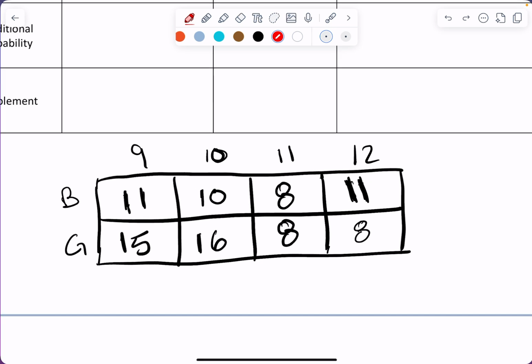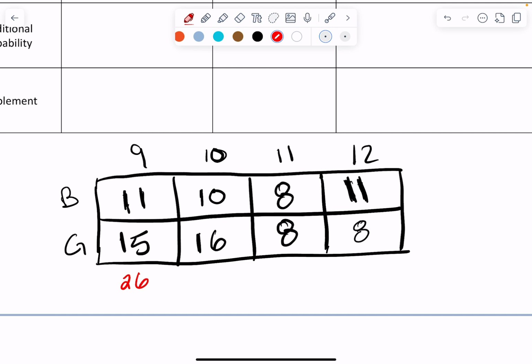I'm also going to put some totals on here. I haven't done that yet. So this is 26 total for 9th grade, 26 total for 10th grade, 16 and 19 is what I have. Total boys is, I don't know, 40.